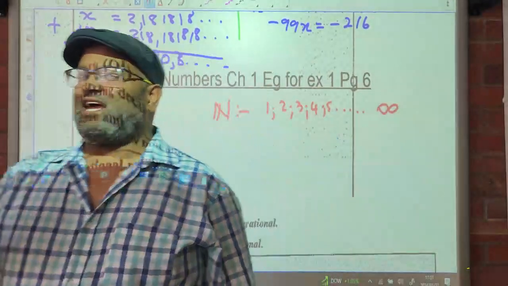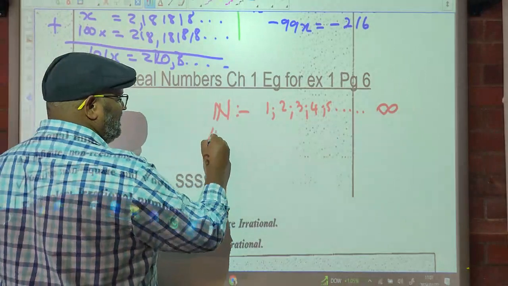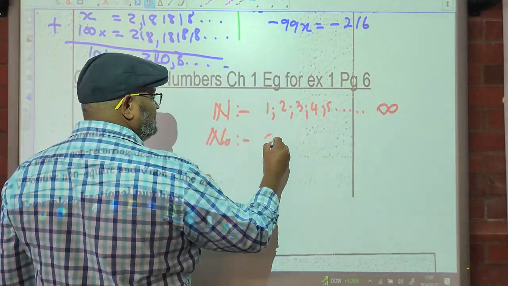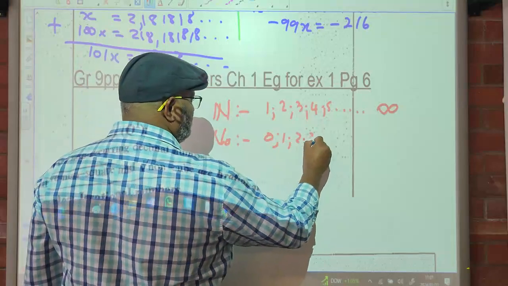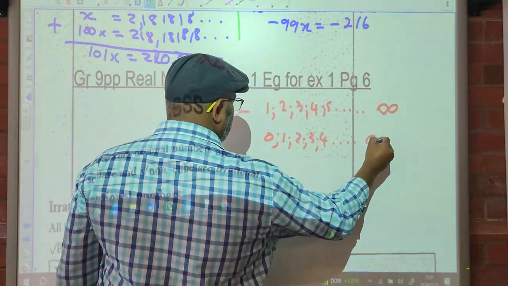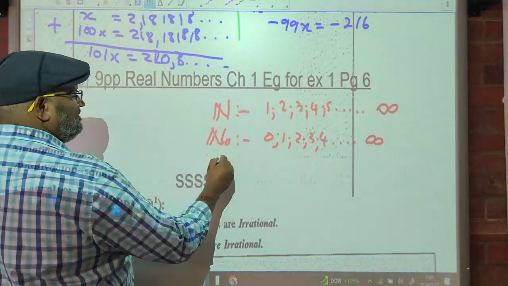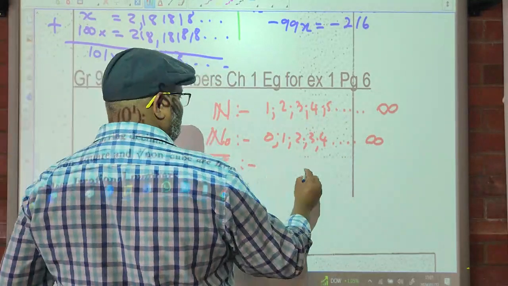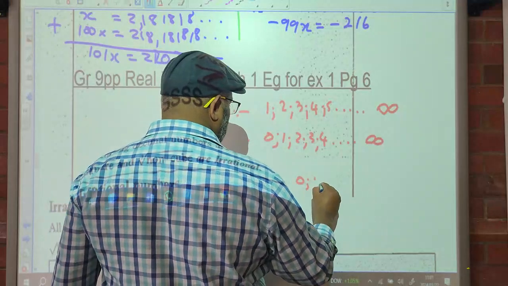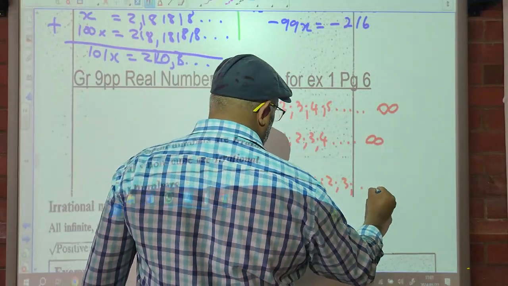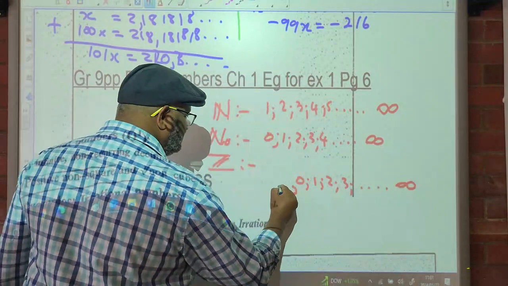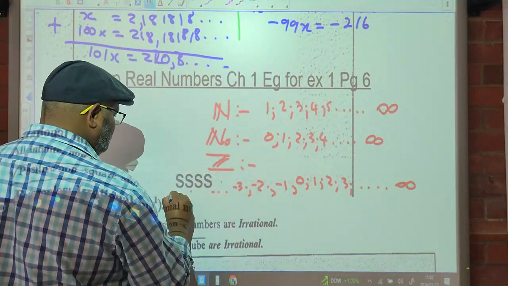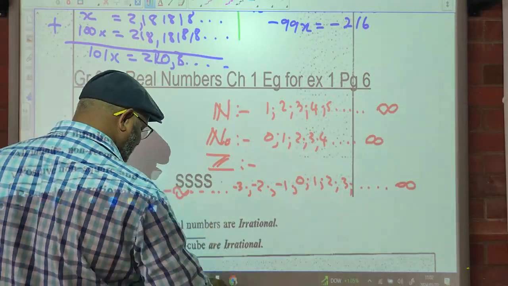We dealt with that in grade 8. Then we spoke about whole numbers, which start at 0, 1, 2, 3, 4, all the way to infinity. Then we spoke about integers, which are negative and positive whole numbers: 0, 1, 2, 3, all the way to infinity, and negative 1, negative 2, negative 3, all the way to negative infinity.